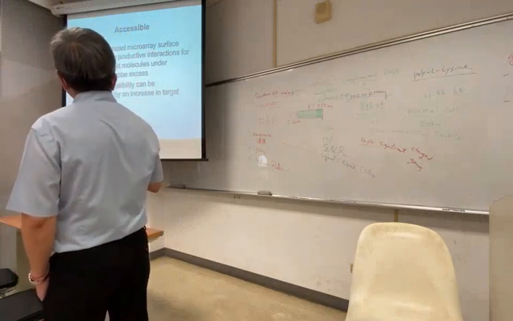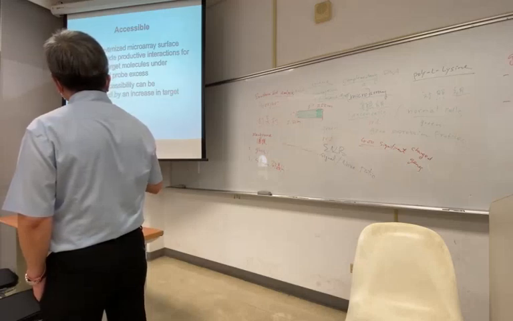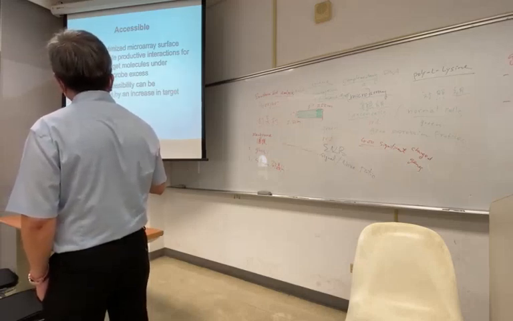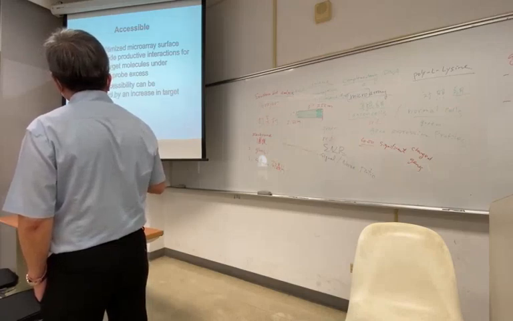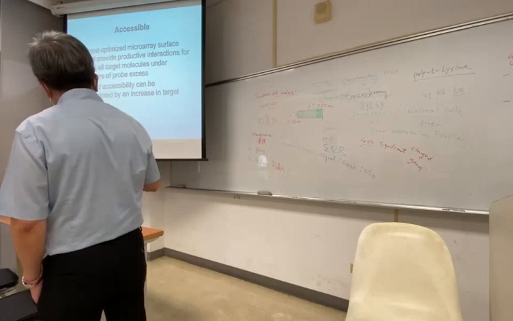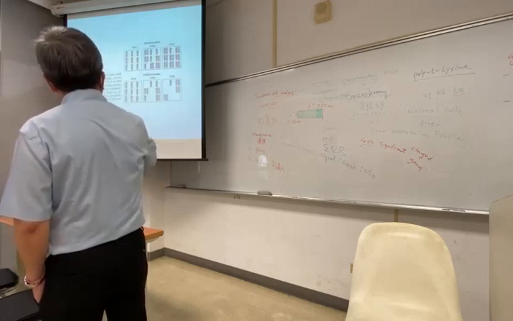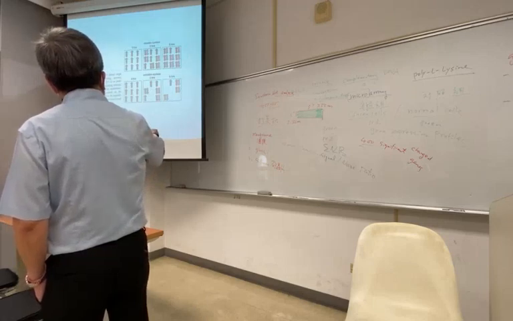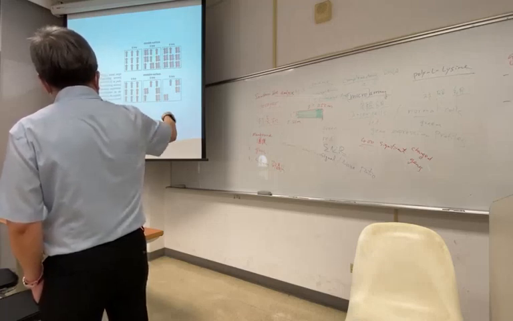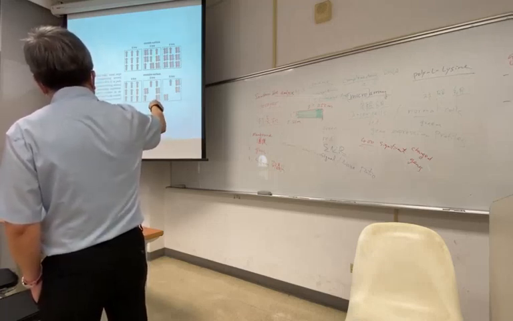So accessible, that means you make sure it provides a productive interaction between target and probe, which means here, right? You provide enough, they can bind. This is the down arrow. Okay, this is what you printed on the array.